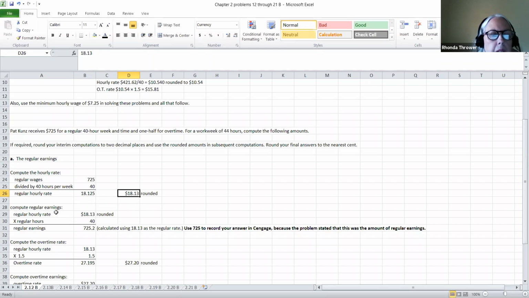When you're computing the regular earnings, what you would do is you would take that rounded amount and multiply it by 40 regular hours, and that would give you 725.20. However, since the problem told you to use 725 as the regular earnings, you really didn't have to compute these 2 steps. I just wanted to show you how to do that because you may have to compute those in the future.